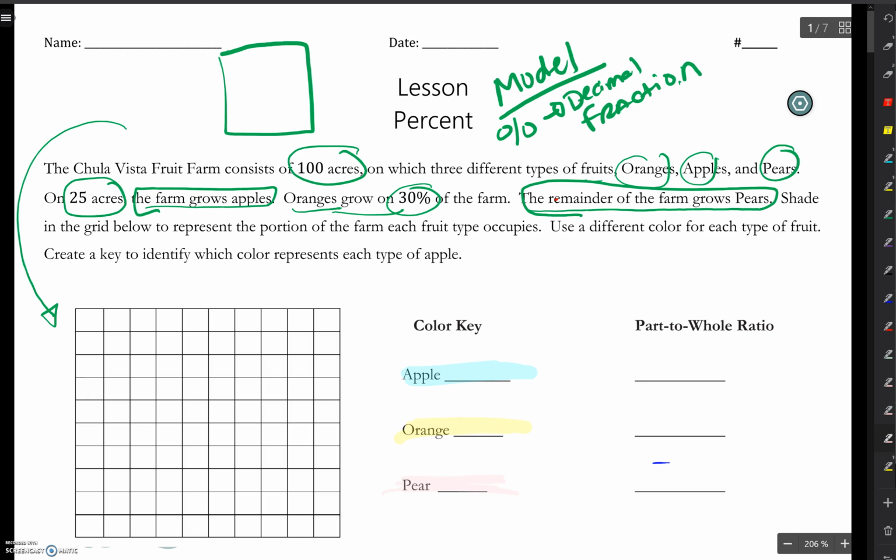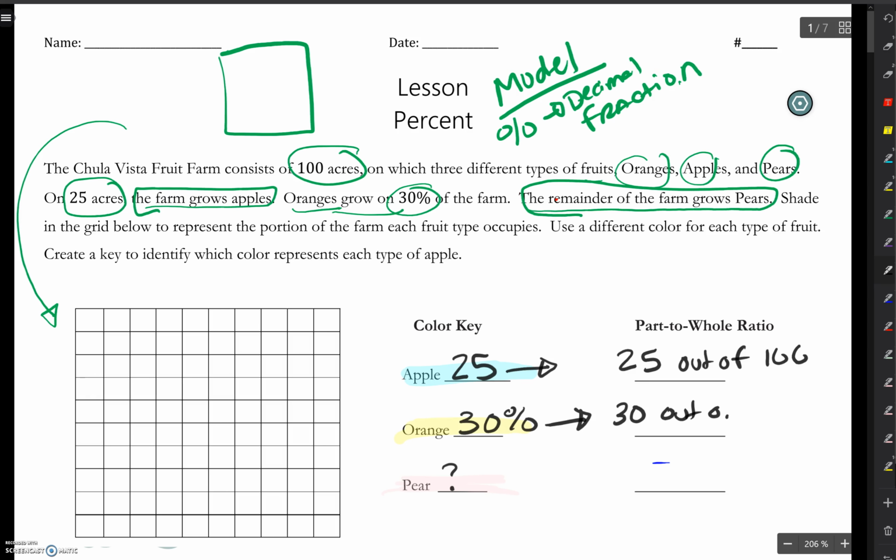Okay, and so now it says that there are 25 for apples, 30% for oranges, and then we don't know for pears. Now, what does this mean? This means 25 out of 100. This 30% means 30 out of 100. And for pears, we don't know out of 100.